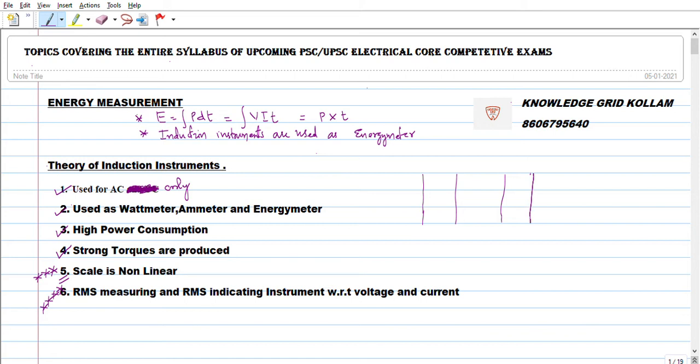This magnet is called a series magnet, and this is called a shunt magnet. This is a coil.